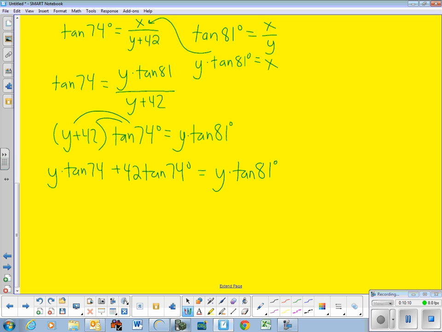Okay, now I'm going to move my y part over to the right and make this side just 42 tangent 74. And over here, y tan 81 minus y tan 74. I just subtracted this term from both sides. Now I can factor out that y.